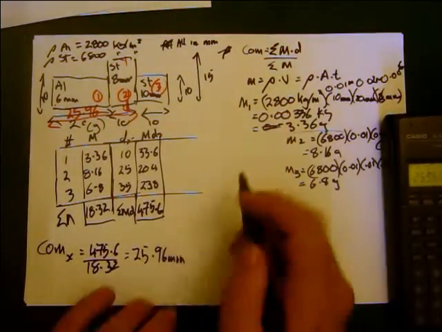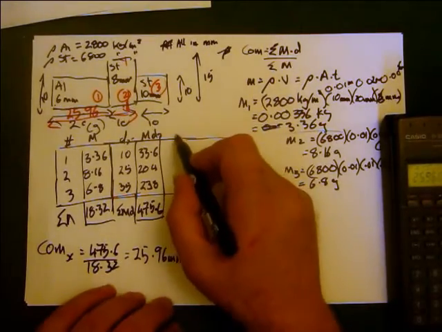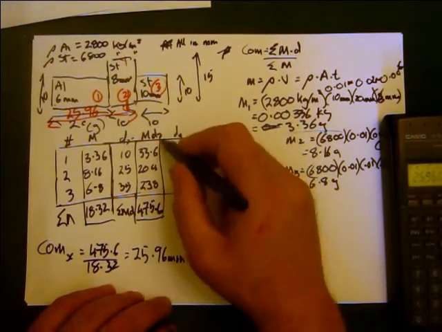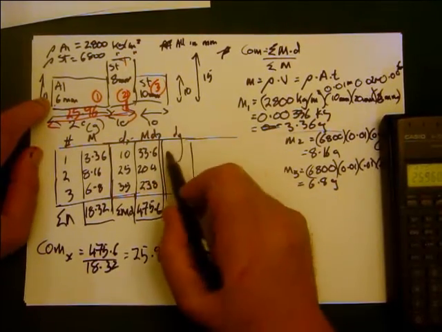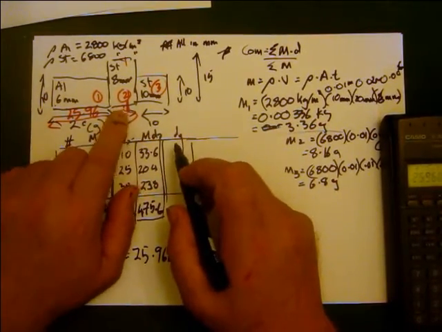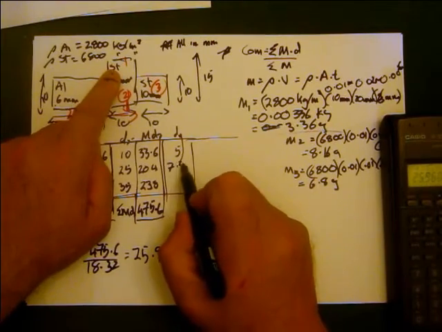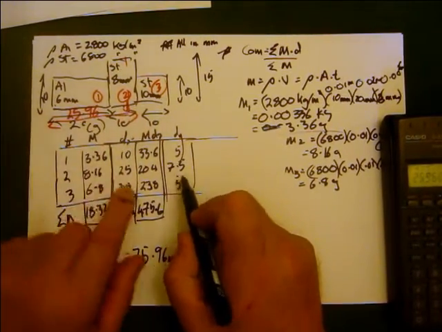Then we do the same thing with the y, dy. The first one is halfway up, so 5. The second is halfway up, 7.5. The third is halfway up, 5.